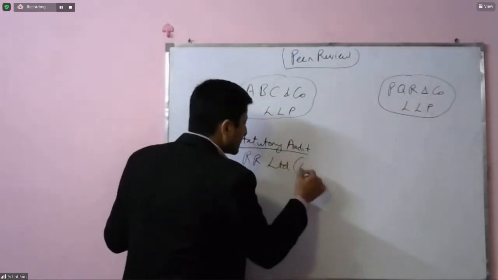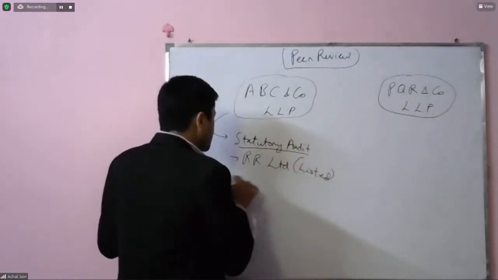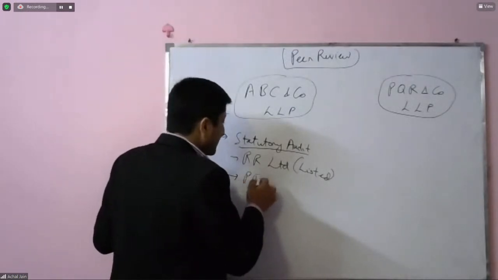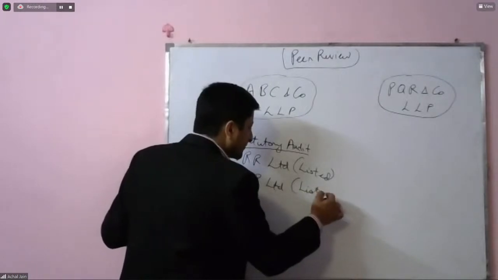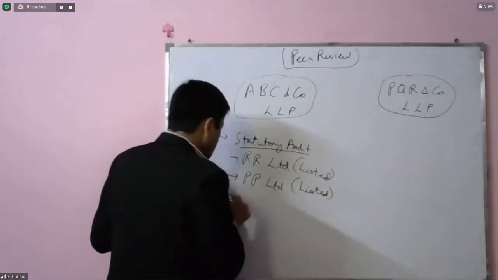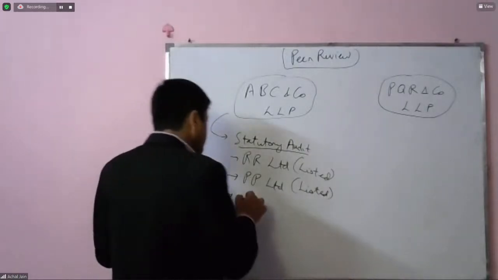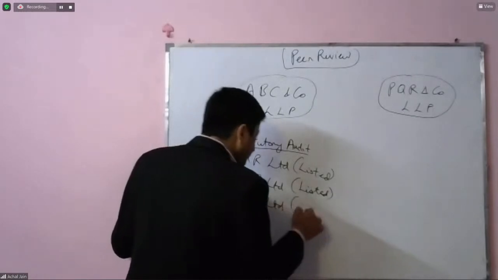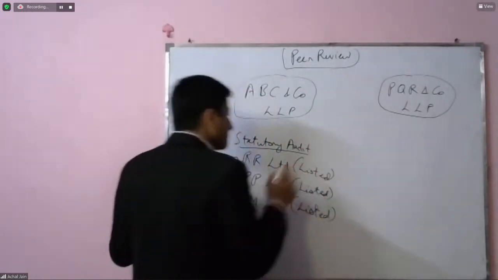It's a listed company. This has also done statutory audit of PP Limited, which is again a listed company. Let's suppose it has also done statutory audit of QM Limited, which is once again a listed company.